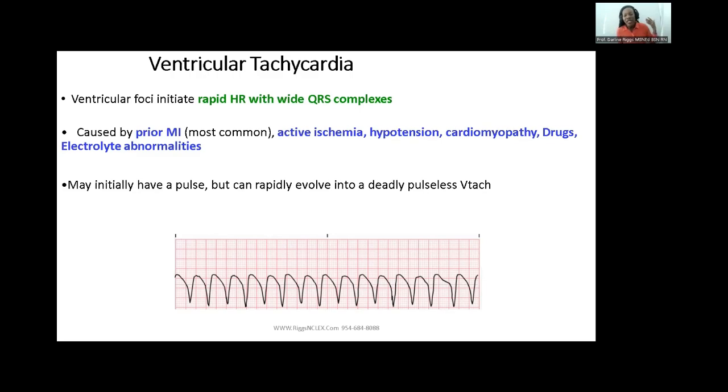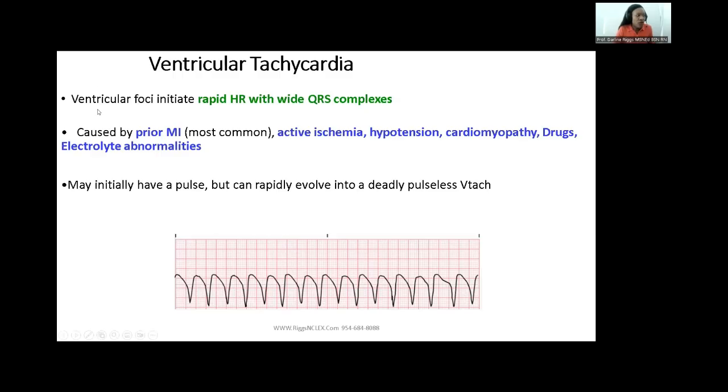And here's a great way to ID this strip: they look like cursive M's that are abnormal. You can't pull a QRS out of this. It's so unique that you should be able to spot it the moment I give it to you. That's VTAC. Also look at the fact that they're tall, because VFib are not. I'll show you VFib in a moment.